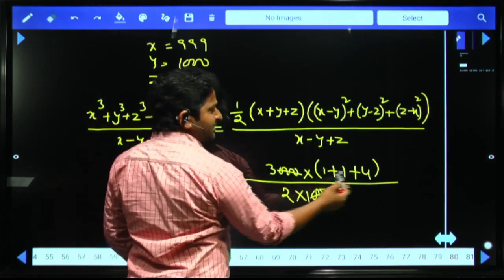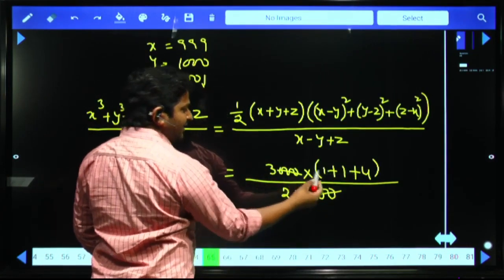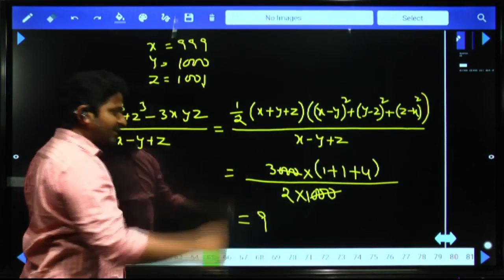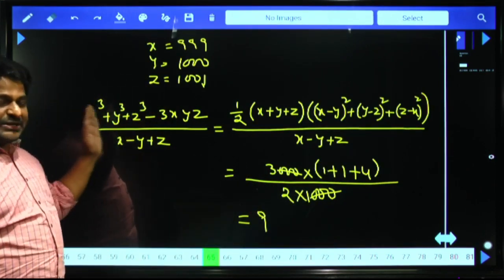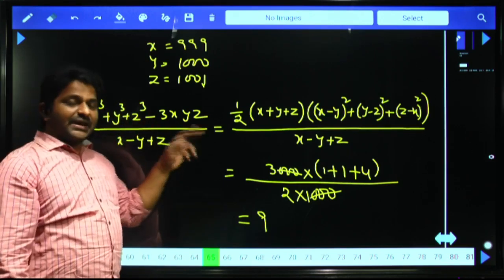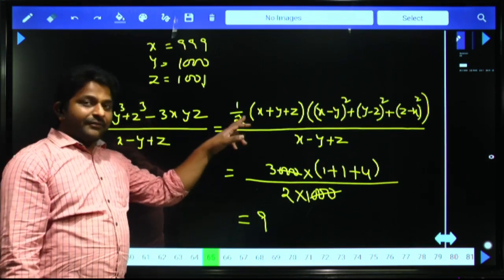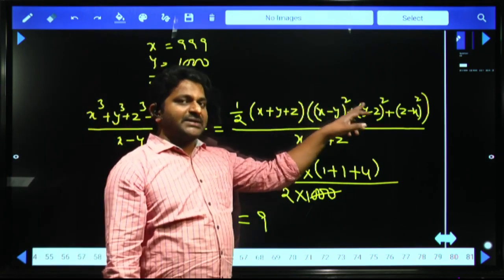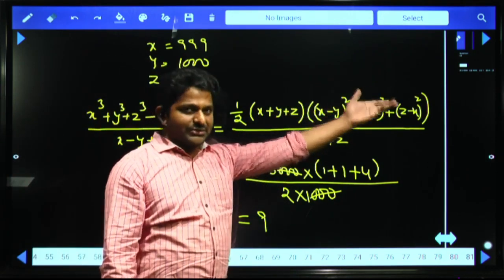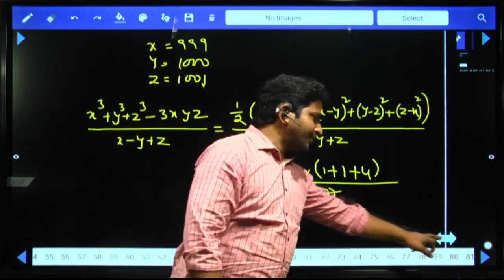The sum of these numbers is equal to 6. 6 by 2 is 3. 3 into 3 is equal to 9. Answer 9. So we are changing our numerator x cube plus y cube plus z cube minus 3xyz as half of x plus y plus z into x minus y square plus y minus z square plus x minus z whole square, and then we are substituting values.